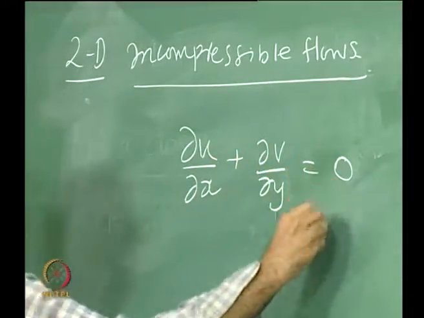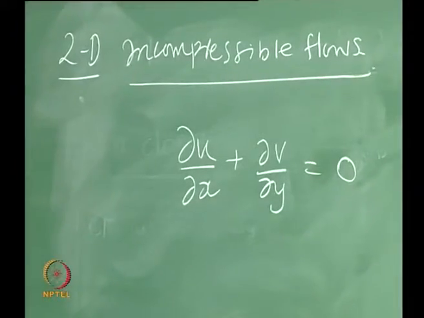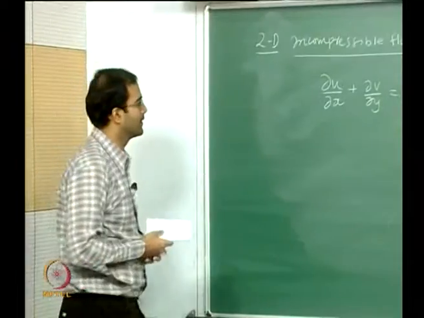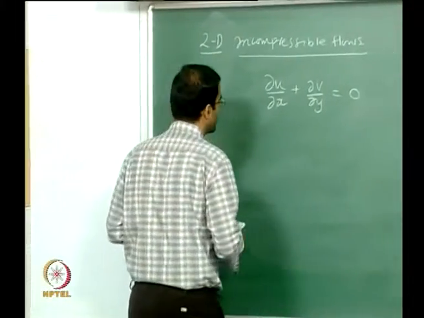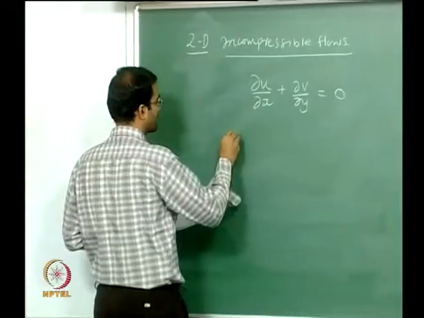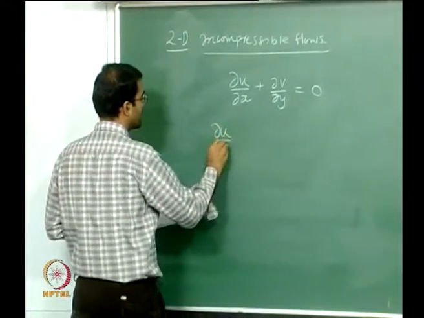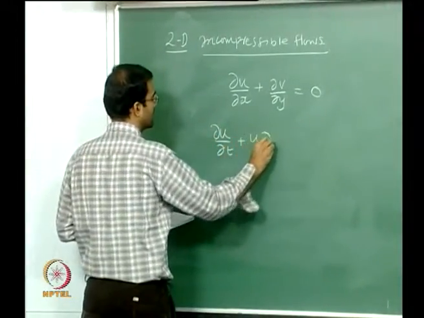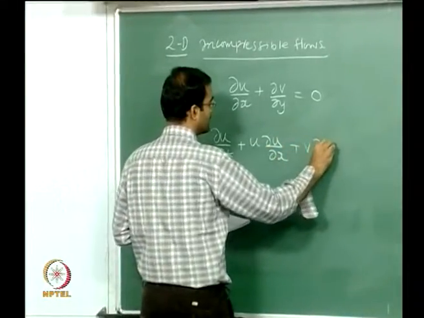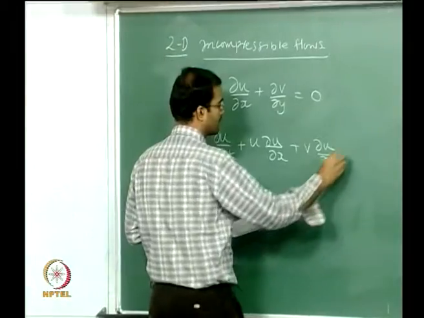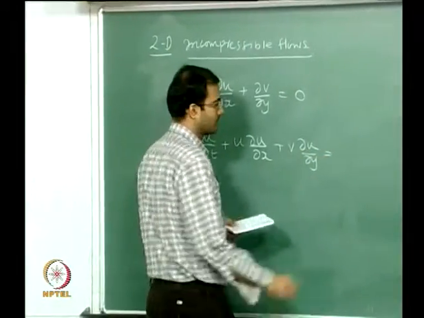So now the complicated equations slowly will get simplified, as and when we go through the solutions. Okay, and the x momentum: du/dt plus the convective terms would be equal to minus the pressure gradient.